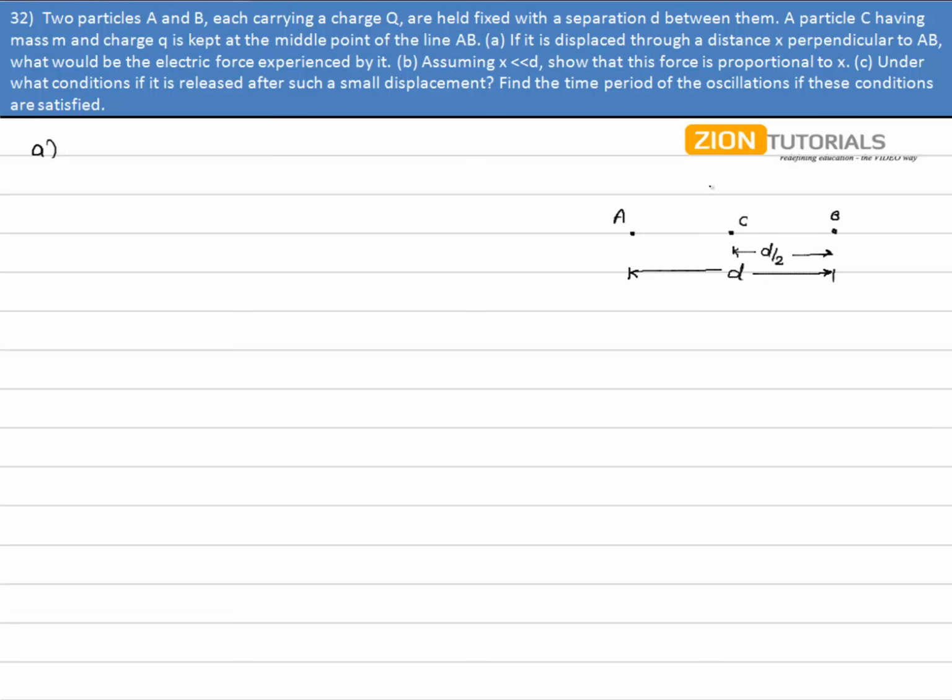the charge C is displaced by a distance x in the direction perpendicular to AB, then the electric force that is experienced by it can be easily calculated by the vector addition.